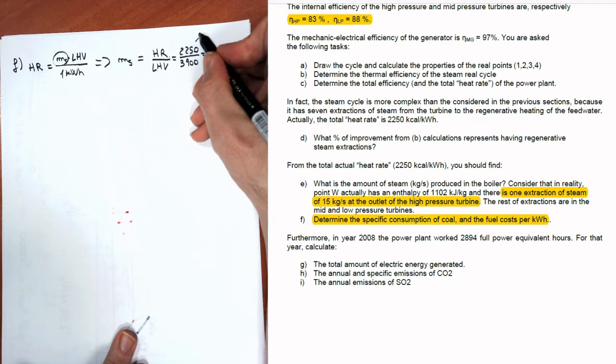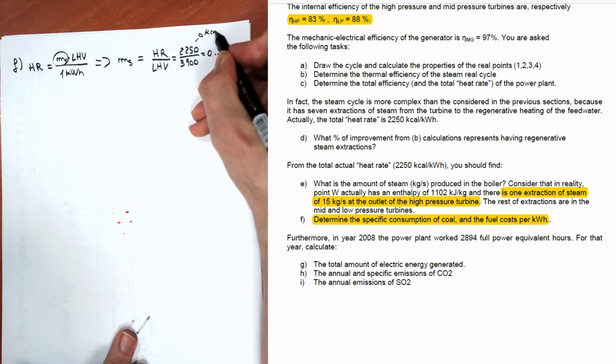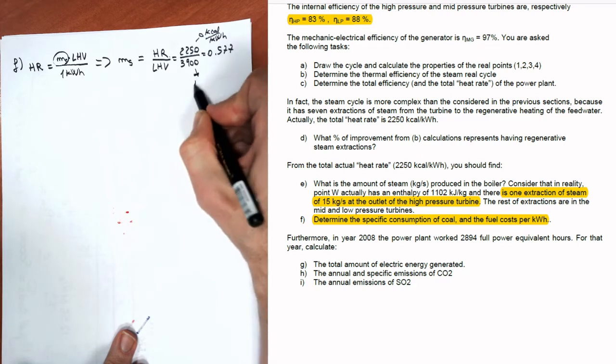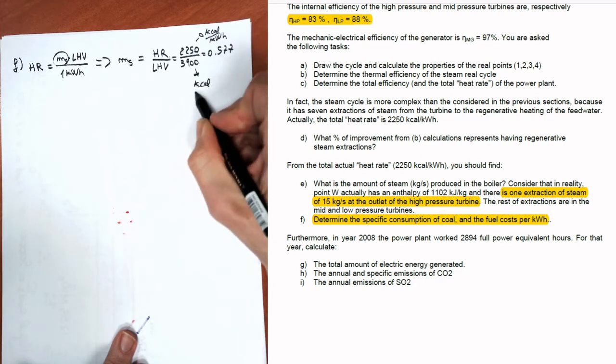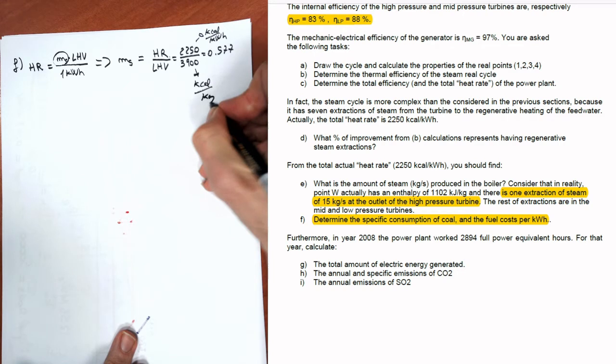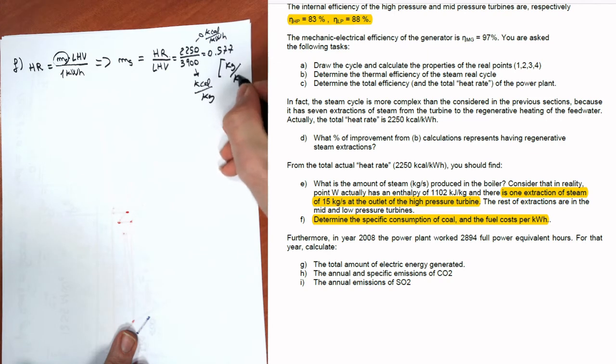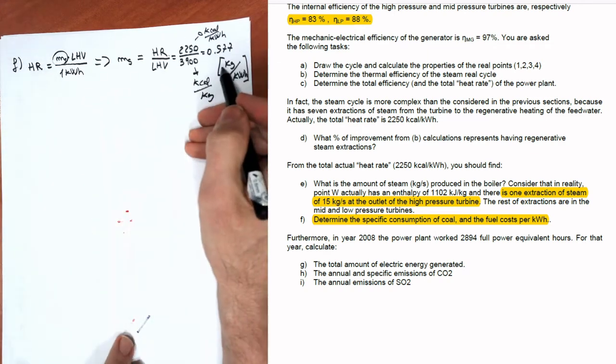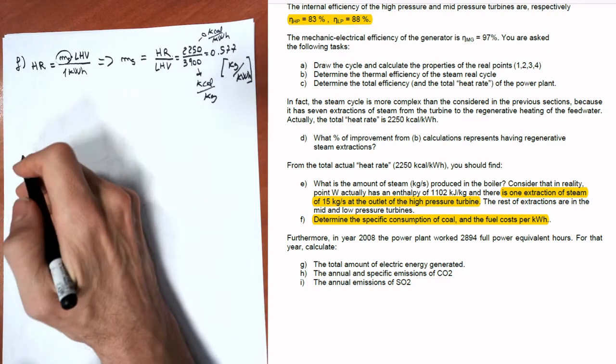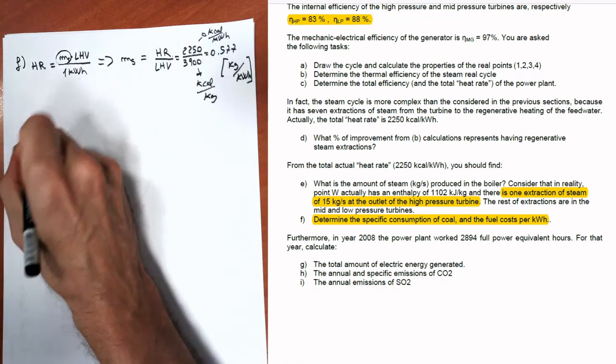Remember, this was kilocalories per kilowatt hour, and this is kilocalories divided by kilo. So the final units here will be kilos of coal divided by kilowatt hour. This is really what we wanted. Okay, so that's a pretty simple way to solve this question number F.